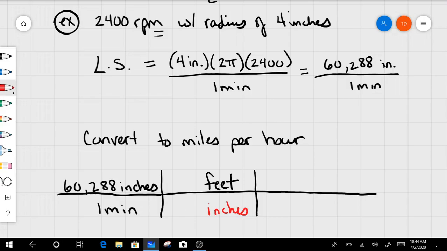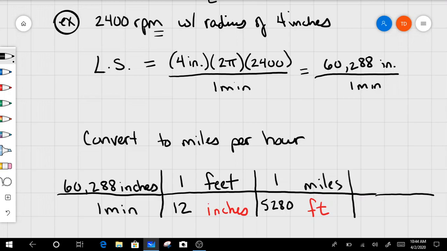That's not what I need to do. I want to end up with miles. So let's change feet now. So feet would disappear if I put that on the bottom. And feet I can convert to miles. And that's where I want to land. So that will work. So I know that 1 foot is 12 inches. And I know that 1 mile is 5,280 feet.